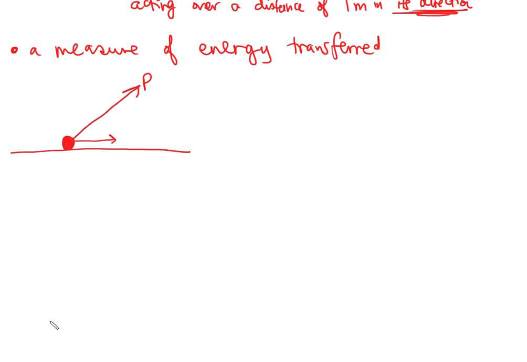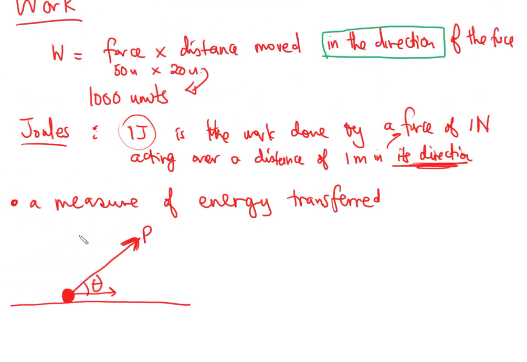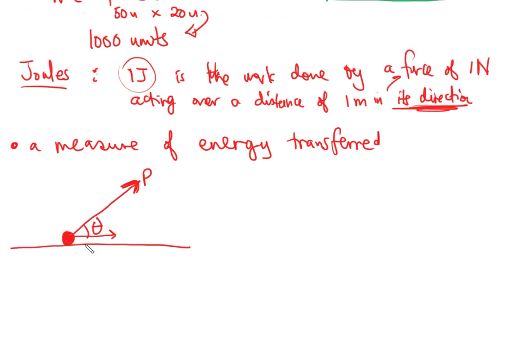When you're pulling something, it stays on the ground, but your force is at an angle of theta. I highlighted this because the object is going to move through a distance that we'll call S, the horizontal distance.